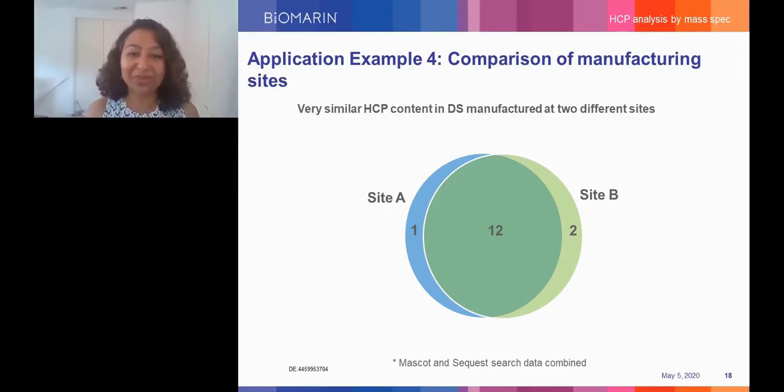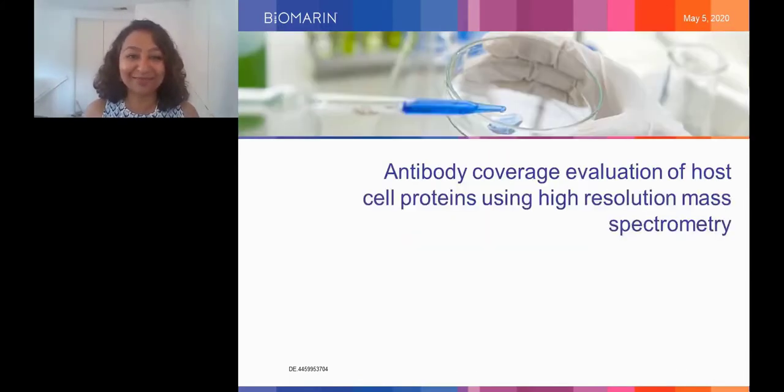So we would call this quite comparable. And you would also have data on the identity of these proteins. As I mentioned before, if you map out which protein is removed at which step, you can actually troubleshoot this and come up with an absolutely identical process if you had to.